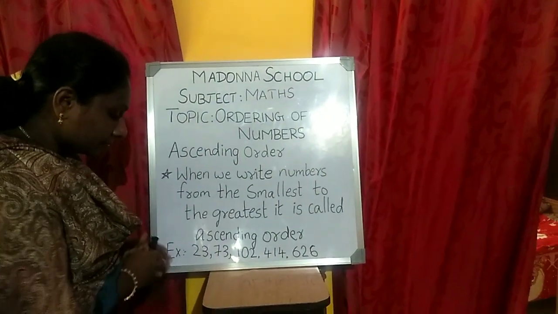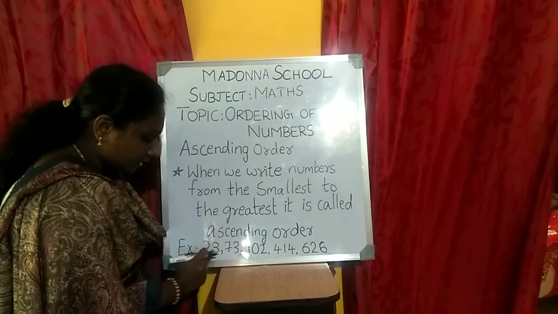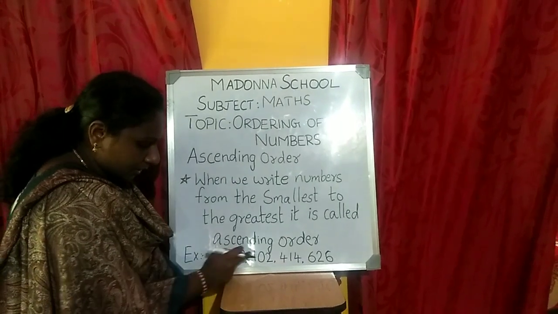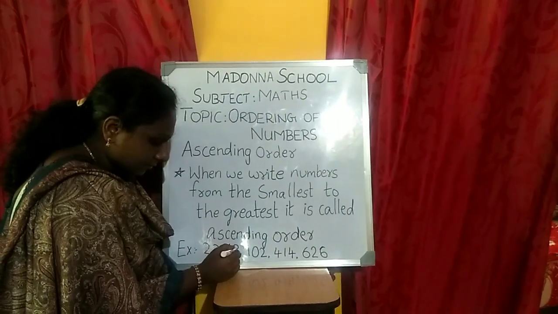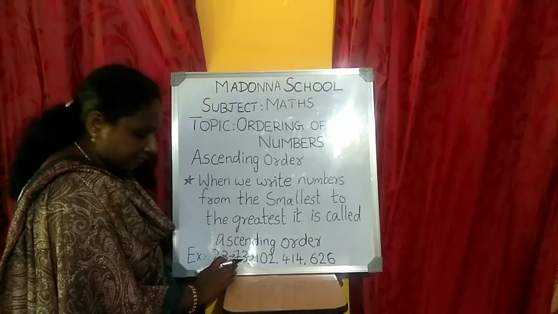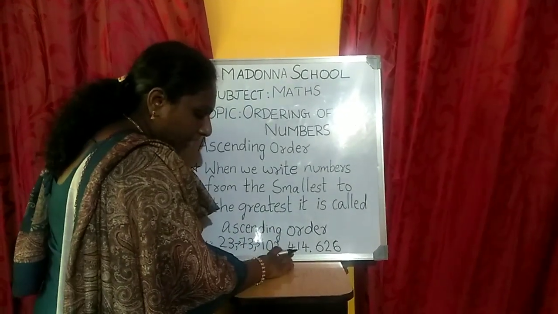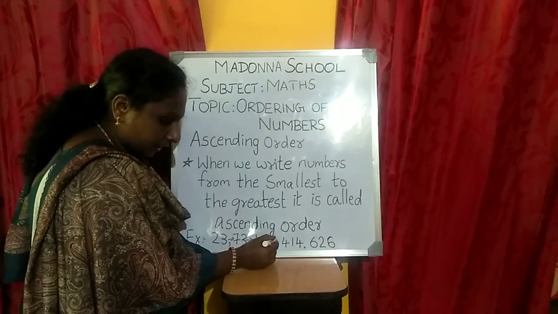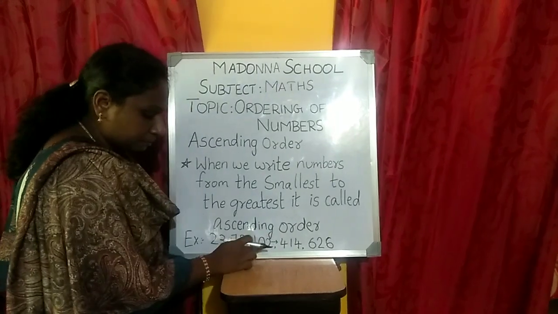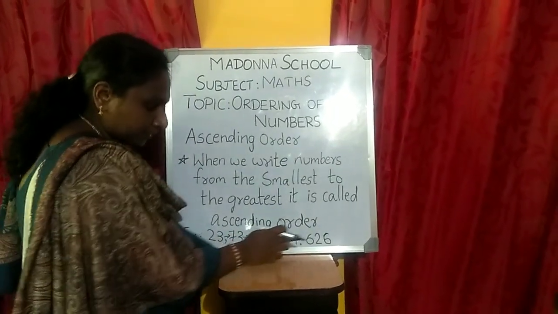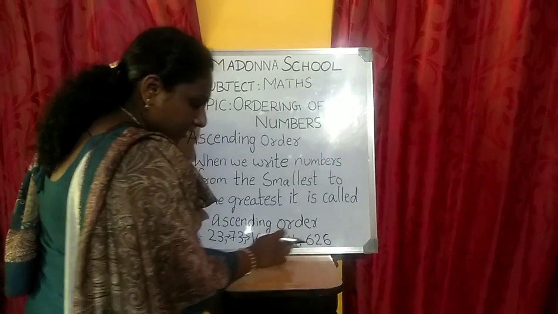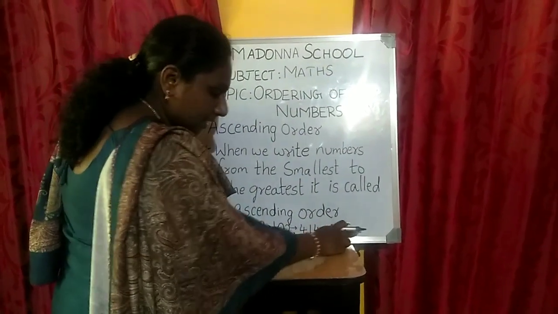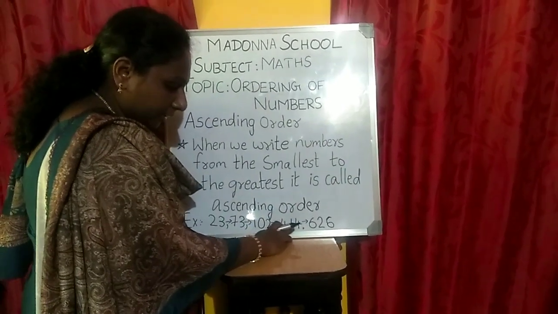See here, children. 73 is greater than 23. 102 is greater than 73. 414 is bigger than 102. 626 is bigger than 414.